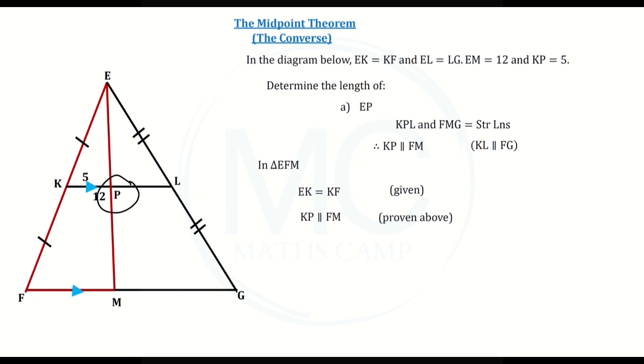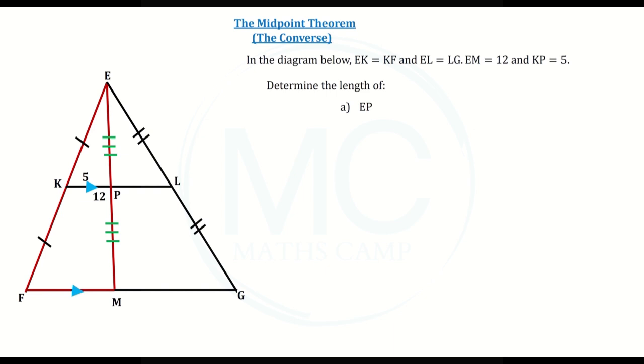So we can see that EP must be equal to PM. And as our reason, we use the Converse midpoint theorem. On our diagram, let's put 3 lines on EP and 3 lines on PM to show that they are equal. We can use this to find the length of EP.